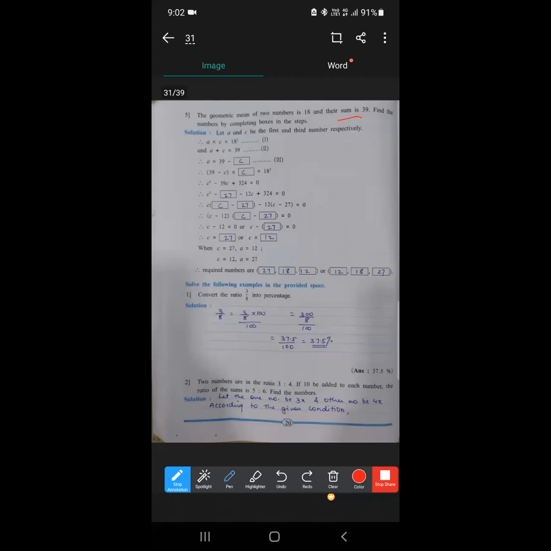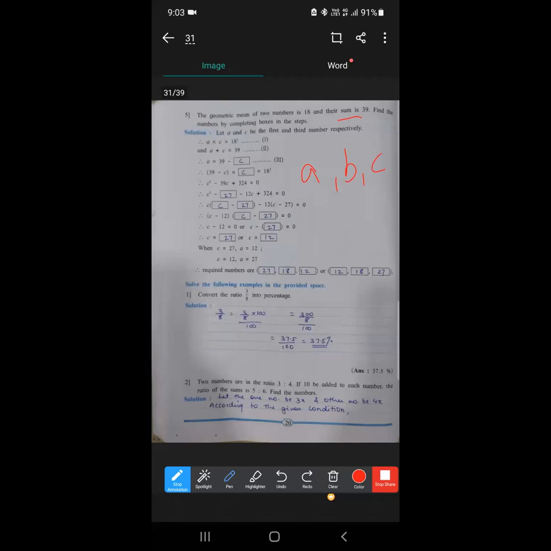So let a and c be the first and the third number respectively. As I told you, in ratio and proportion we normally take the variables a, b, c, especially in word problems.